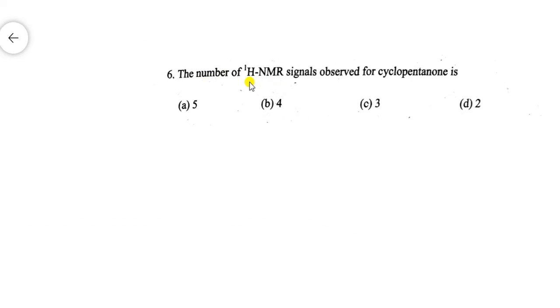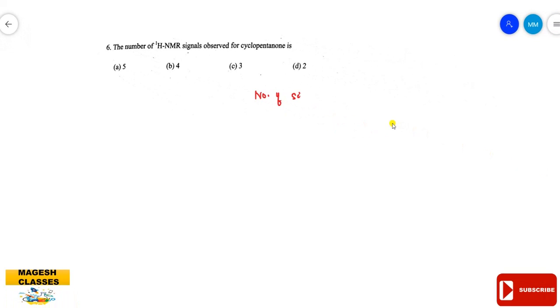Next question, the number of H1 NMR signals observed in cyclopentanone is. The number of signals in NMR spectroscopy is equal to the types of hydrogen.